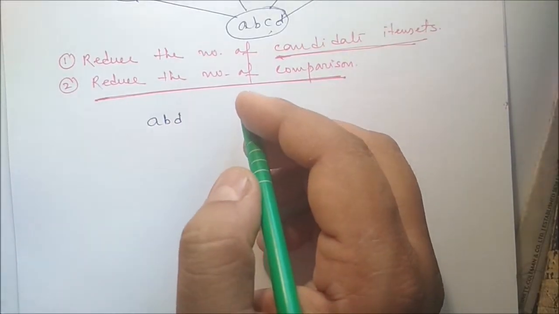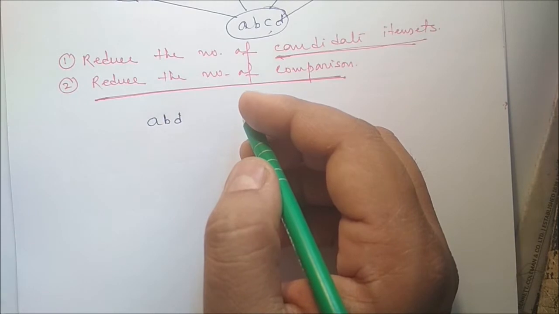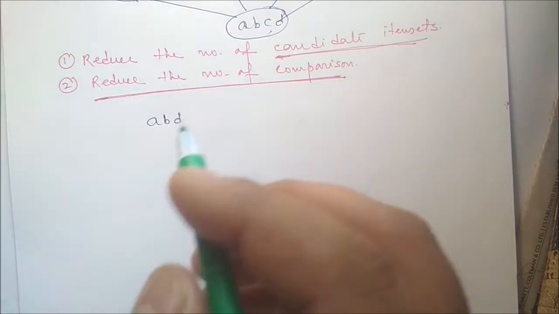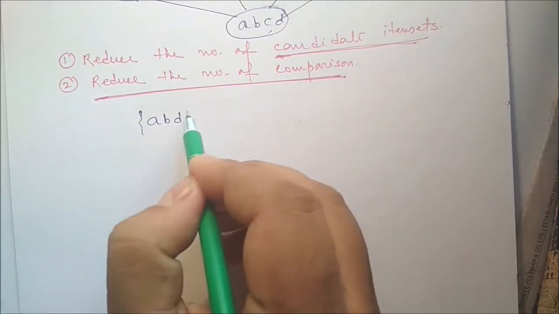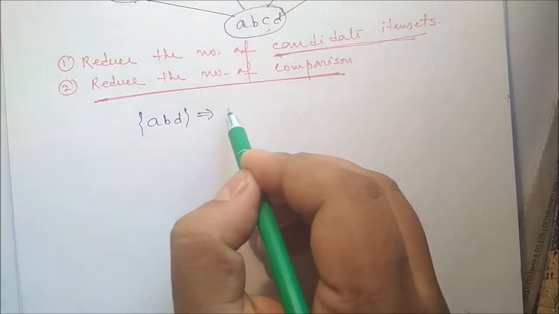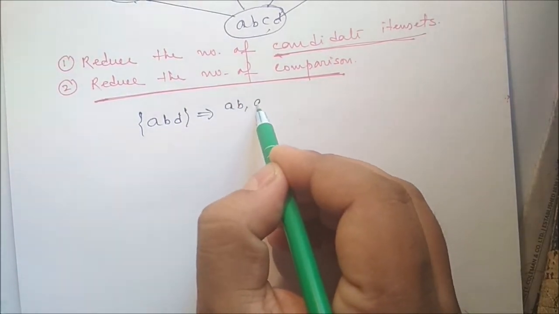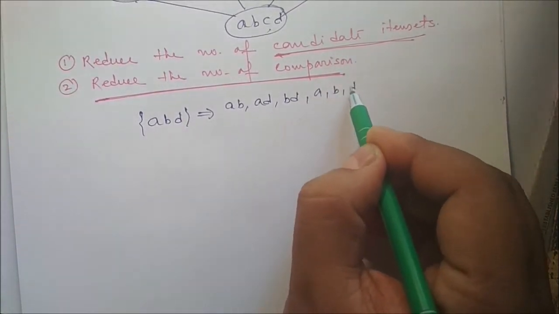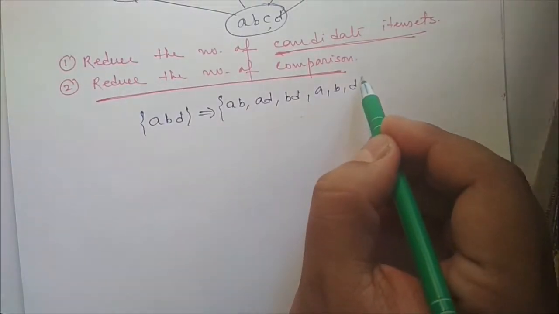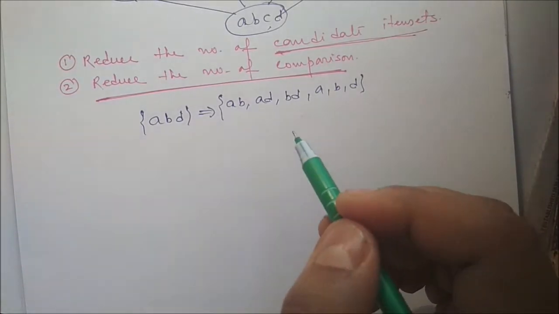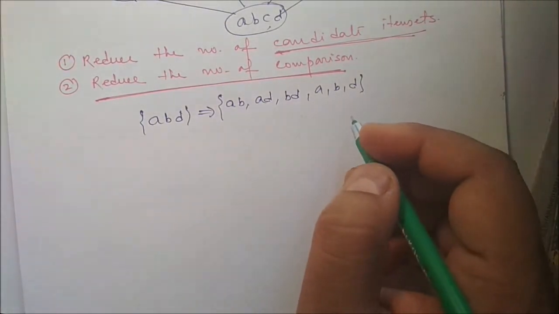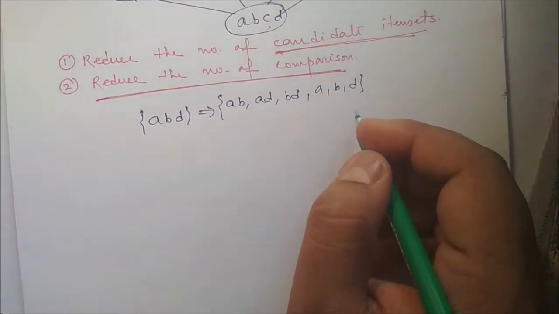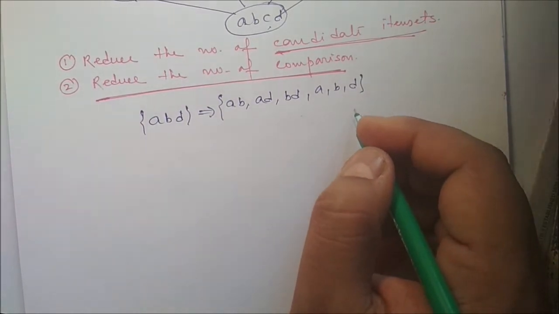So what is the a priori principle? If an item set is frequent, then all of its subsets must also be frequent. So if ABD is frequent, that means its subsets AB, AD, BD, ABD, all must be frequent. Okay, so this is the a priori principle.